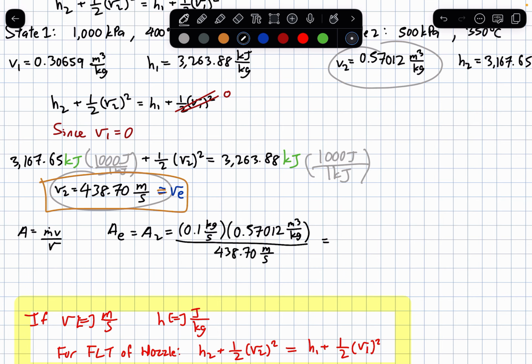We're expecting meters squared as the unit here. One, two, three, four.